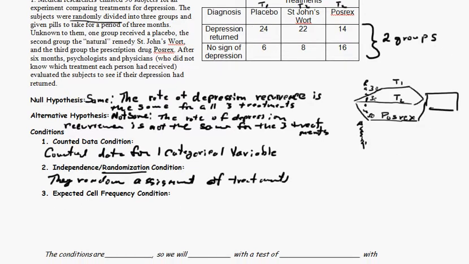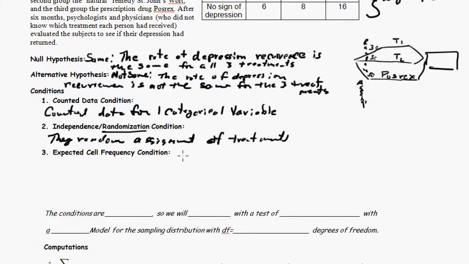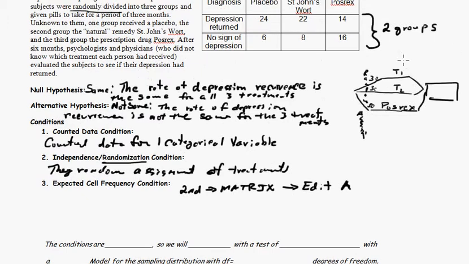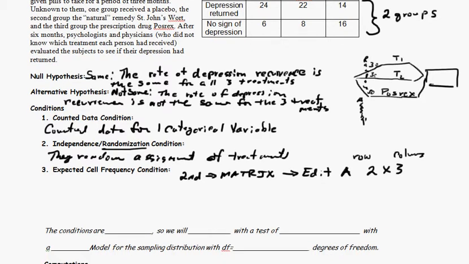The way to get the expected cell count is you want to go to second matrix, and go in and edit matrix A. We have 2 rows, so it's going to be a 2 by 3. Rows come first, then columns. Then put the data in, go back to second matrix.